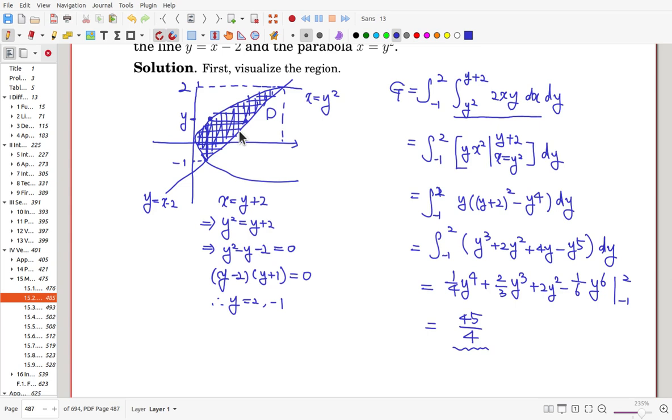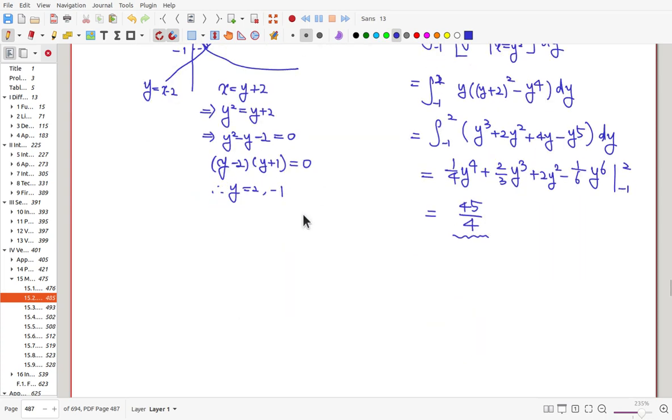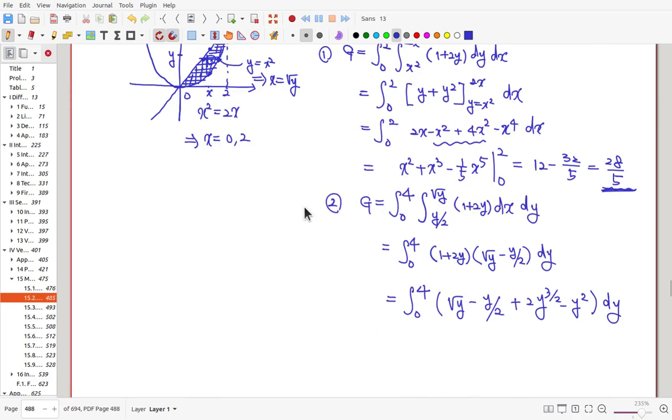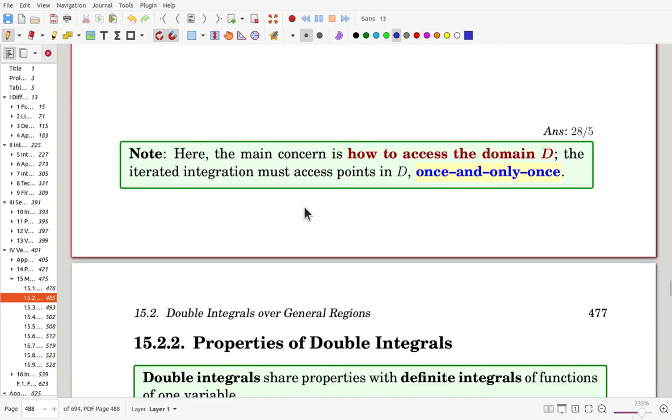Either way, you can do that. But if you try vertical access, then the problem will be much more complicated. So that's the reason we did only the access to the domain horizontally. Okay, and we'll continue in the second part.